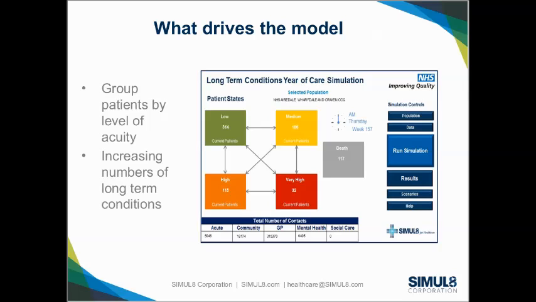Thank you. So what's driving the model then is that group of patients by level of acuity, and what happens is that they transition between different states. So we might start off with, say, 100 patients at that low state, but at the end of year 1, perhaps 15 will have moved into a medium state, which means that they perhaps have 3 or 4 long-term conditions, maybe 5 of them will have moved into the high, maybe 2 into very high.